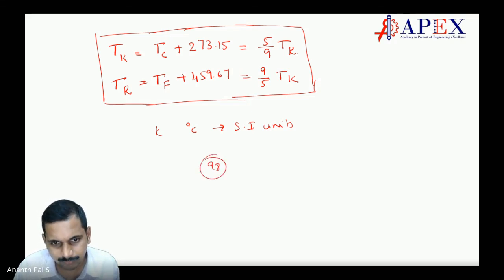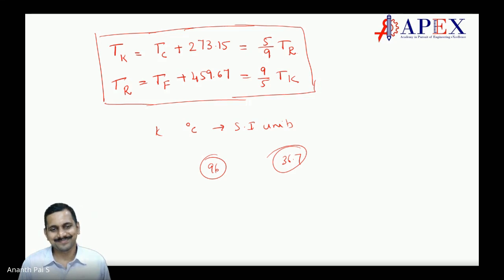We say 98 is the body temperature. We don't say 36.7. 98 Fahrenheit is our body temperature, which corresponds to 36.7 degrees centigrade. So until we change our habits, we have to use this conversion.